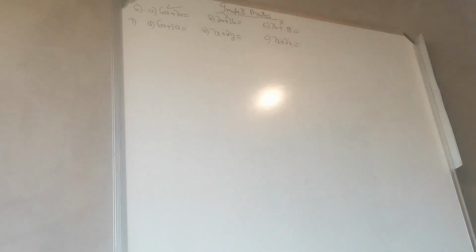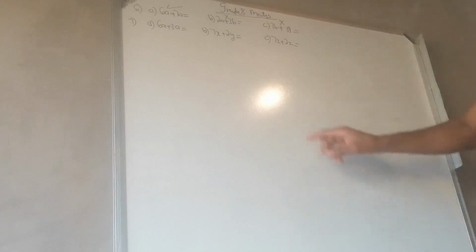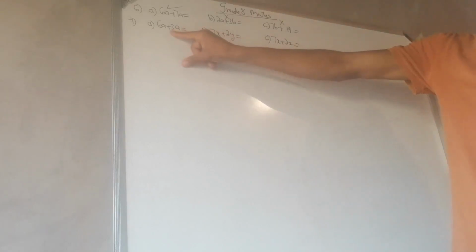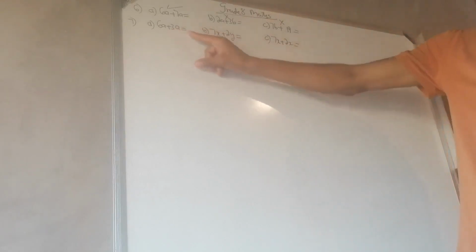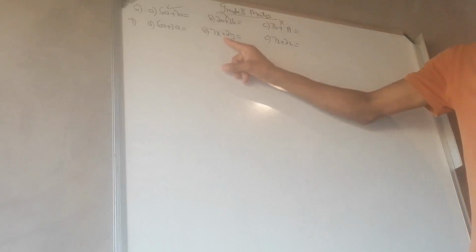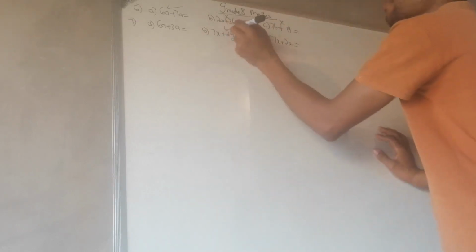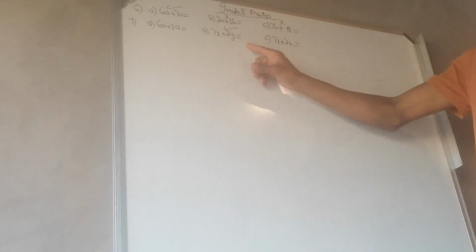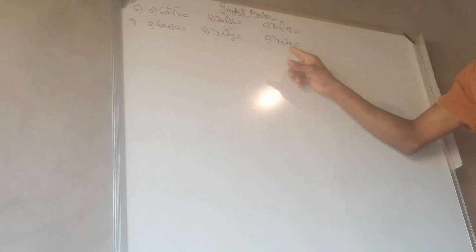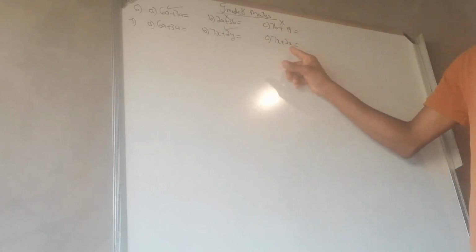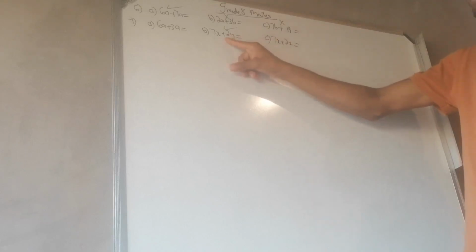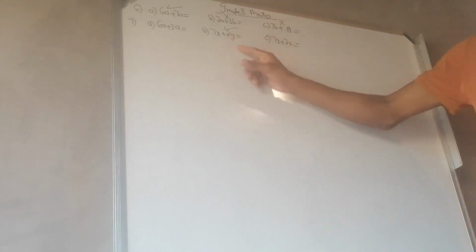Is this like or unlike terms? Like terms. Unlike terms because you have x and y. Like terms. So the only one with unlike terms is number B.